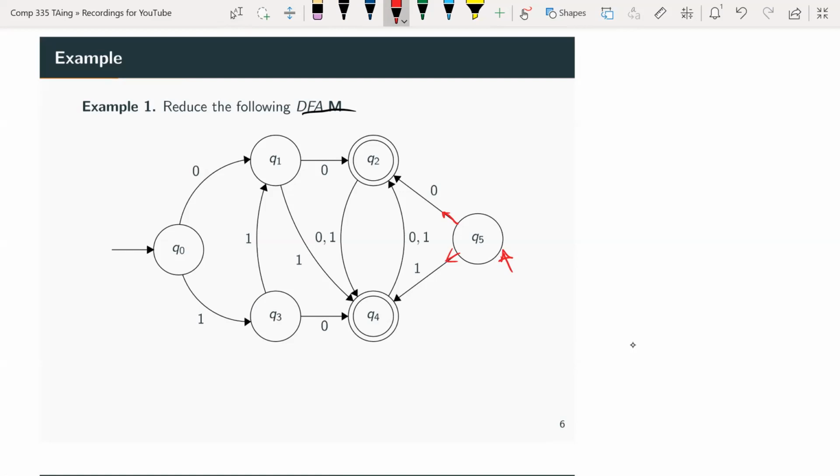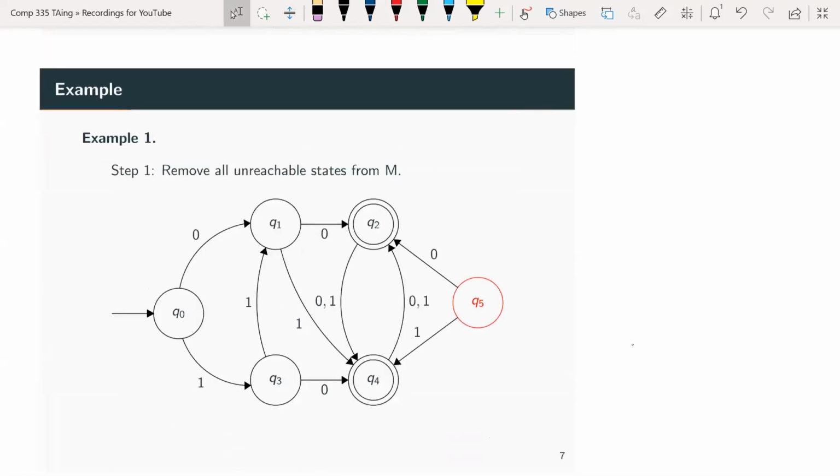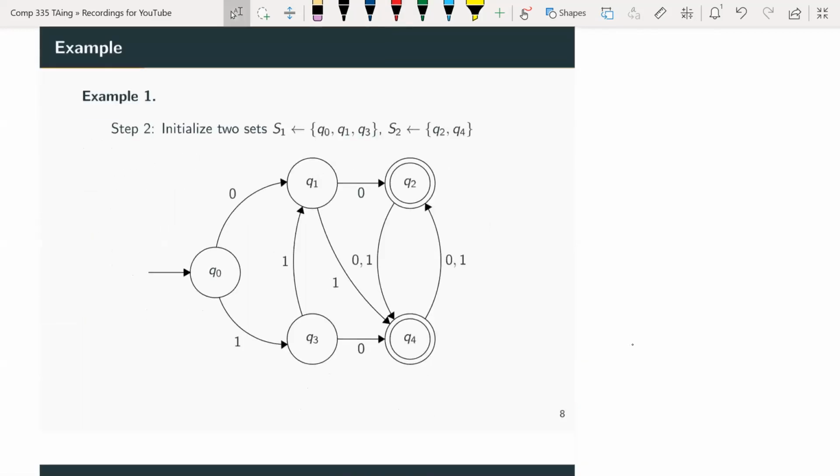So we're going to remove the unreachable state and all of its incident edges, Q5 as well as 0 and 1. Now we have our equivalent intermediate DFA that no longer has any unreachable states.